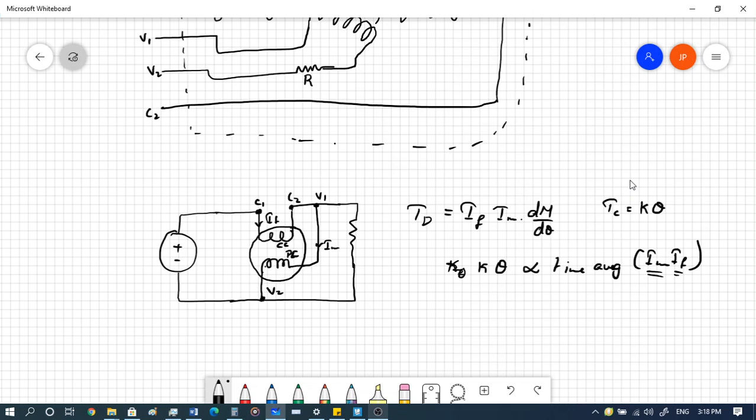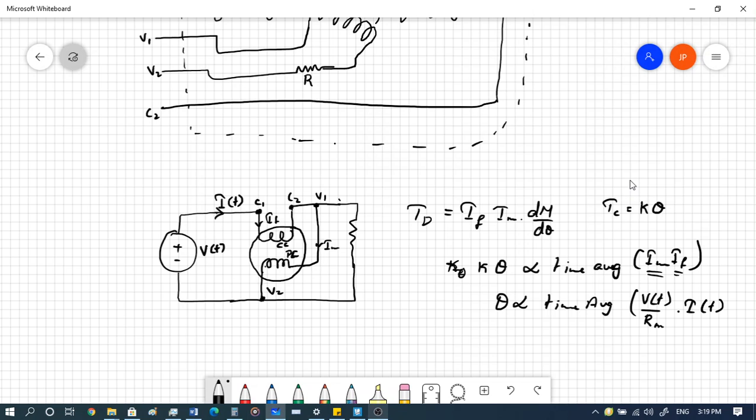Now here we know that IM can be written as the time average. Theta here can be written as proportional to the time average of V of t by Rm, where Rm is the resistance of the pressure coil, into the current I of t, that is flowing through the circuit, right?